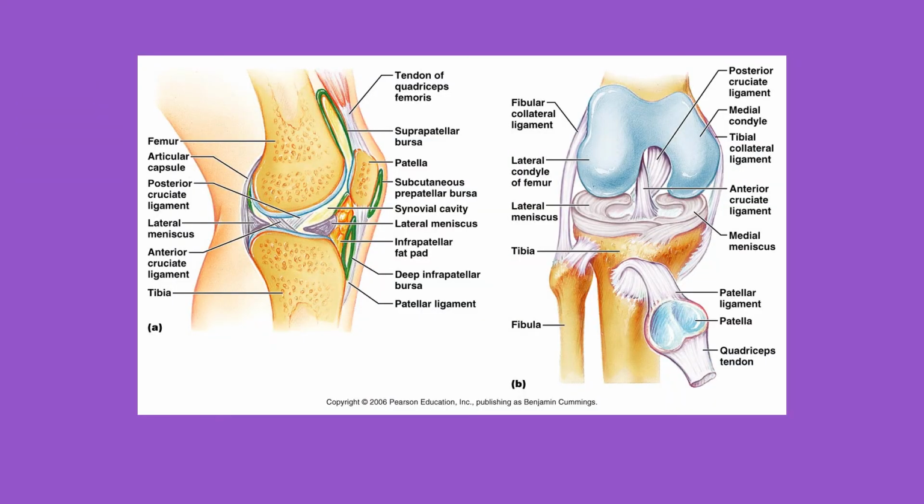So if we look at the knee, you can see here, let's see if we can, over here, this green area, I highlight this area right here, you can see that it is pointing to a bursa.